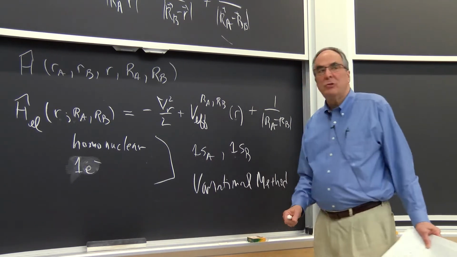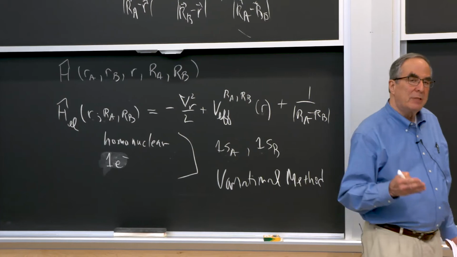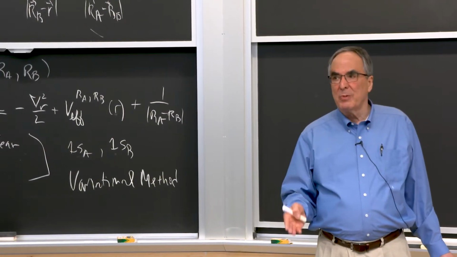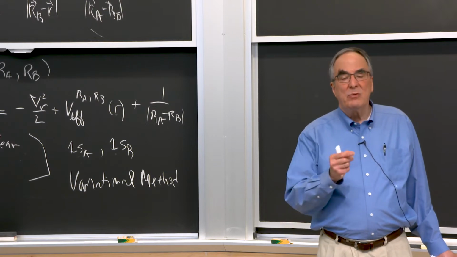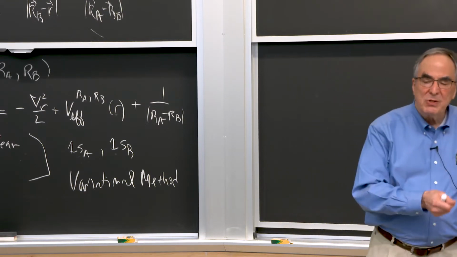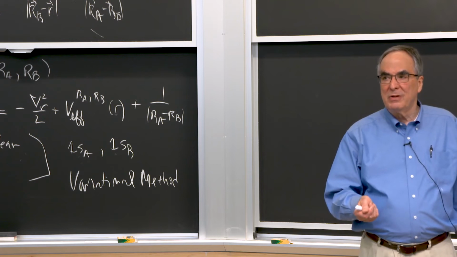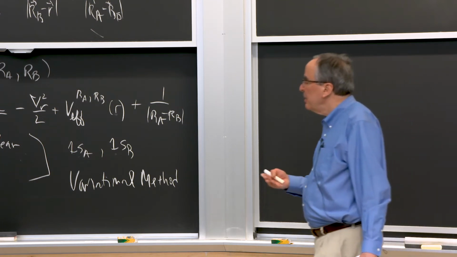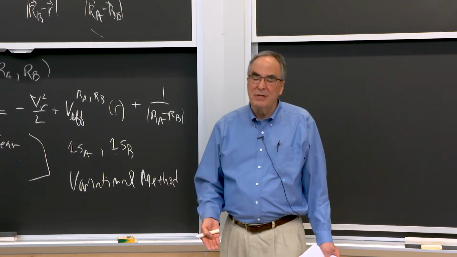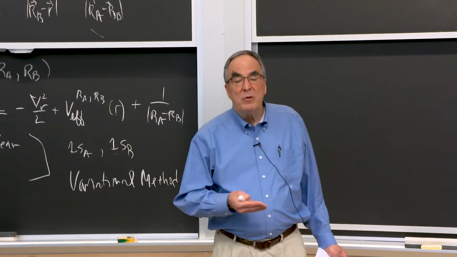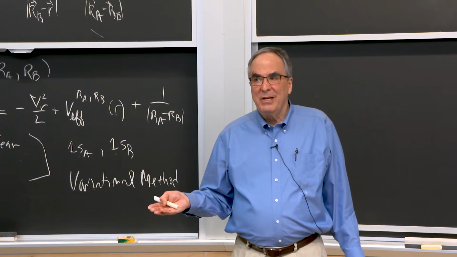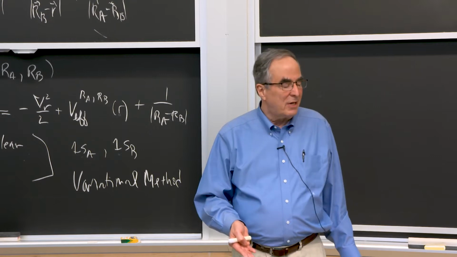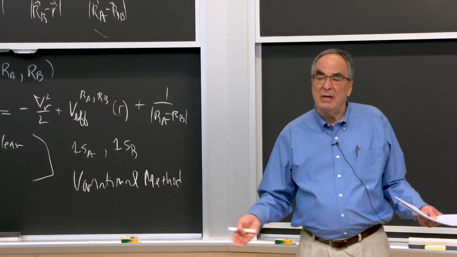So what we do is we say we're going to express the wave function as a linear combination of atomic orbitals. And that means we can adjust the coefficient of each atomic orbital to minimize the energy. And the variational principle, or the variational theorem, says no matter what you do, you can't calculate an energy lower than the lowest energy of the system.